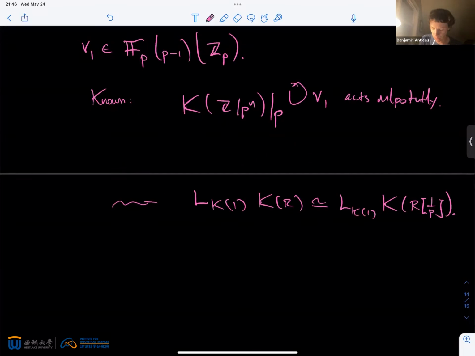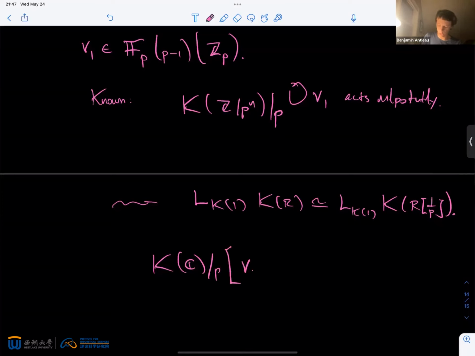But let me say, by contrast, what happens away from this. If you did, like, the algebraic K-theory of the complex numbers, mod p, then this also has a v_1 acting on it.